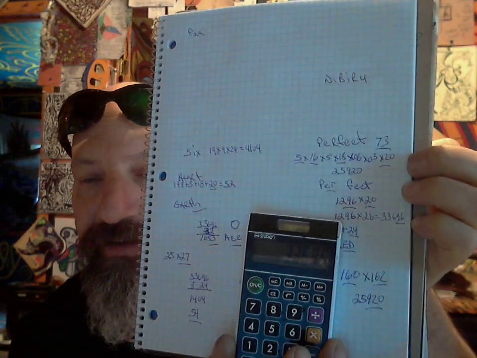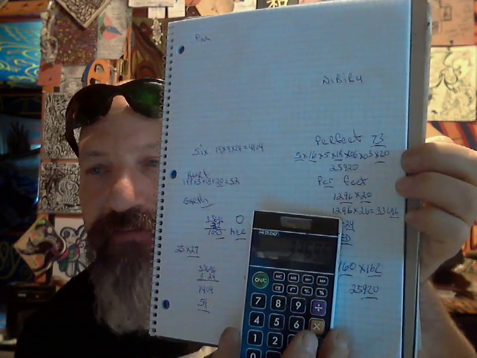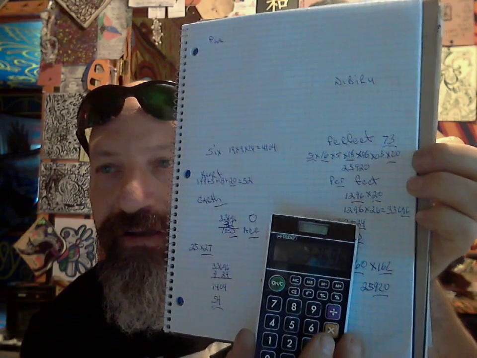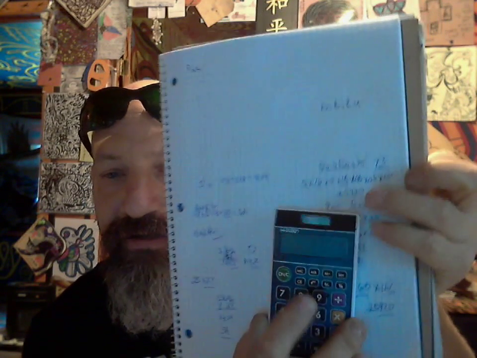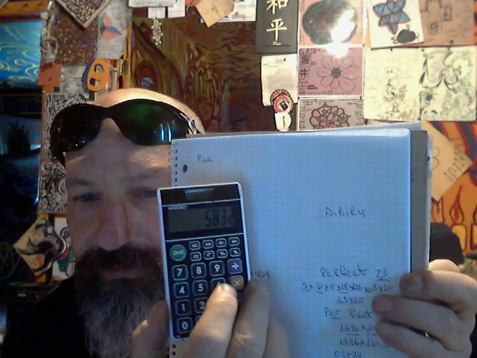Half of that is 648. Half of that is 324. 18 times 18. 18 times 18 equals 324 times 18 equals 5832.